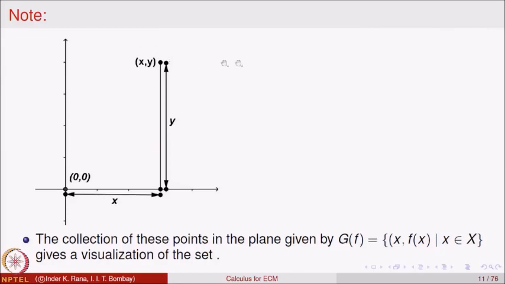That is the point P, and conversely every point gets a unique ordered pair, with the y coordinate from moving vertically and the x coordinate from moving along the x axis. So, R 2 is given a geometric representation as points in the plane via the x axis and y axis. If you locate all the ordered pairs of the graph of a function, that gives a visualization of the graph of the function. So, we will continue in the next lecture.